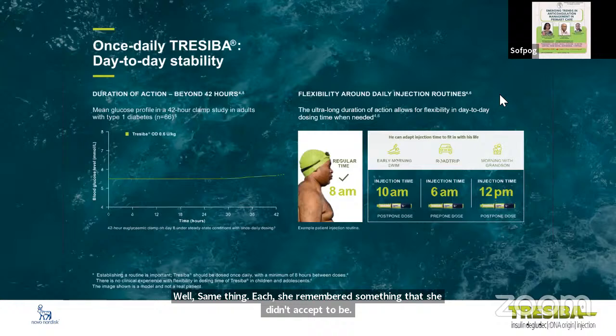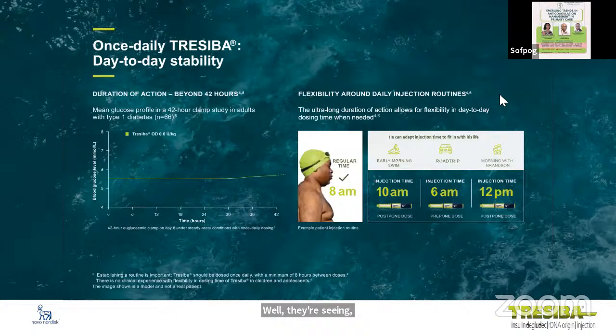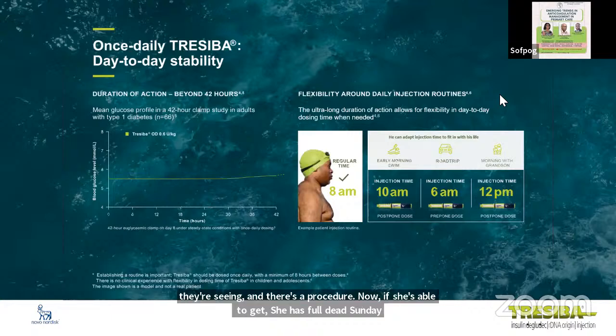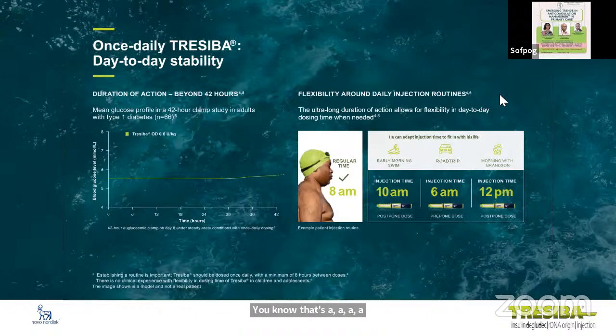If she's supposed to inject today, and then she forgot to inject tomorrow, then she remembers Sunday in the morning. She can still inject Sunday in the morning and then continue with her regimen, but within the 8-hour window period and the 40-hour window period. Remember that Tresiba has a duration of action of between 42 to 48 hours. That is why it gives the patient that flexibility even when they miss a dose.